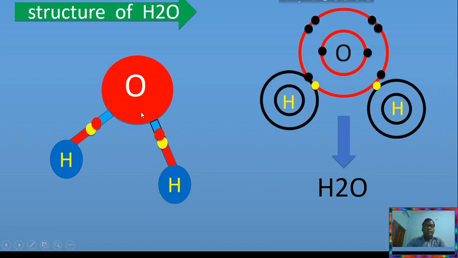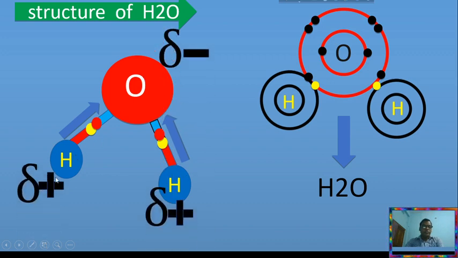So oxygen has some probability to get both electrons for itself. That's why oxygen becomes negatively charged and hydrogen becomes positively charged. So a partial negative and partial positive charge is created, and this is called a pole. This is the negative charge pole and this is the positive charge pole.